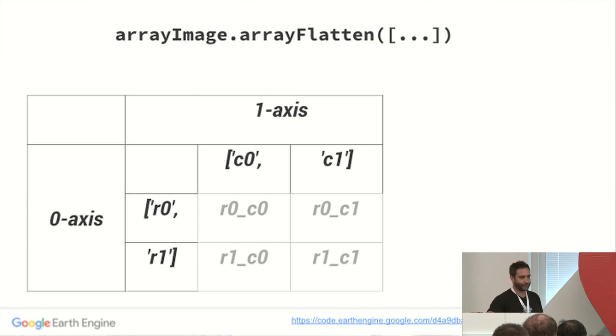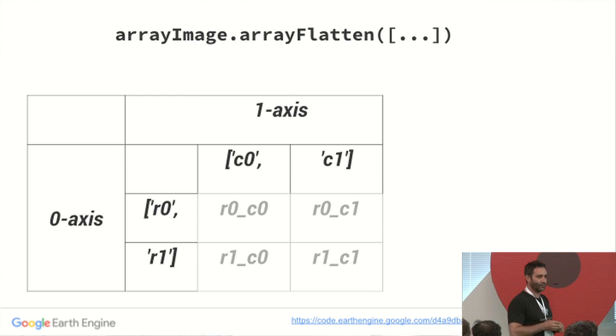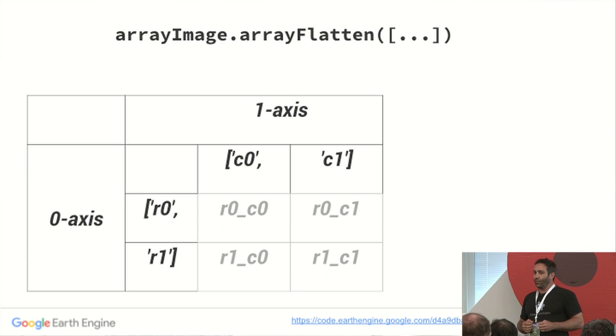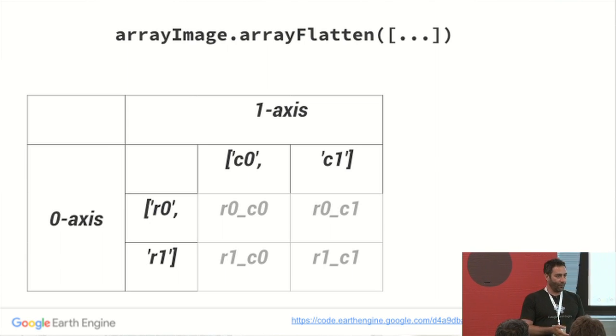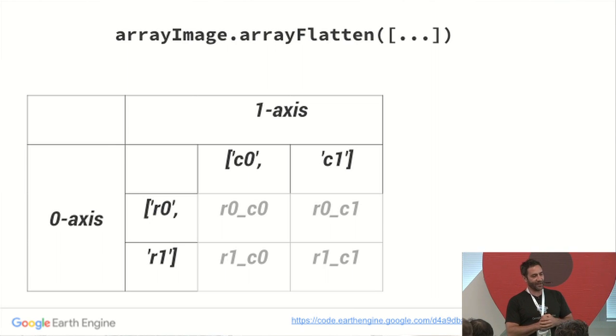Why do you need to do this? If you want a multi-band image to display on the map or to use in conjunction with other data, this is how you get a multi-band image out.